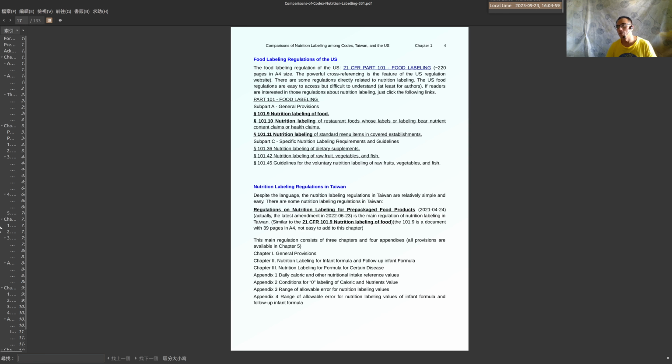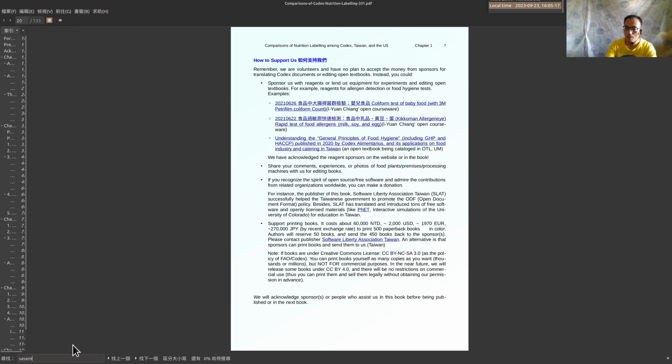You can type anything you want. For example, this document has 133 pages. It's impossible to read from the first page to the last page. Thus, you can use the search function very well. Okay, for example, sesame. Did I spell it correctly? Oh, I think I misspelled something. Sesame, sorry.